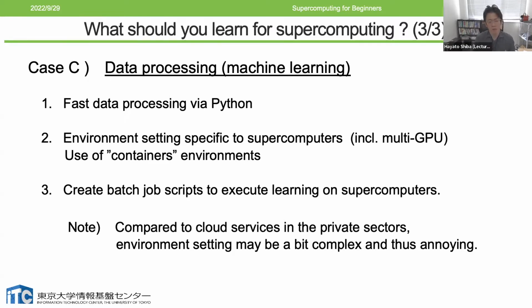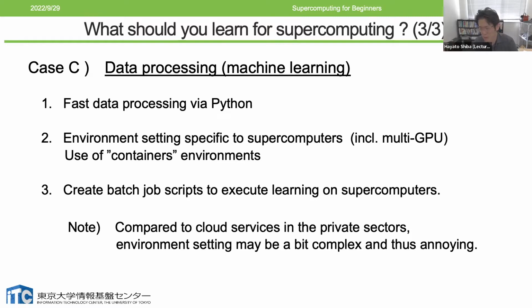And sometimes so-called container environments, which are already optimized for supercomputing infrastructure, are distributed. So we can sometimes use containers depending on the situation. And also, we need to know how to use the batch job, because very typically, if you are using machine learning or deep learning, you are doing tasks using GPUs on your desktop.